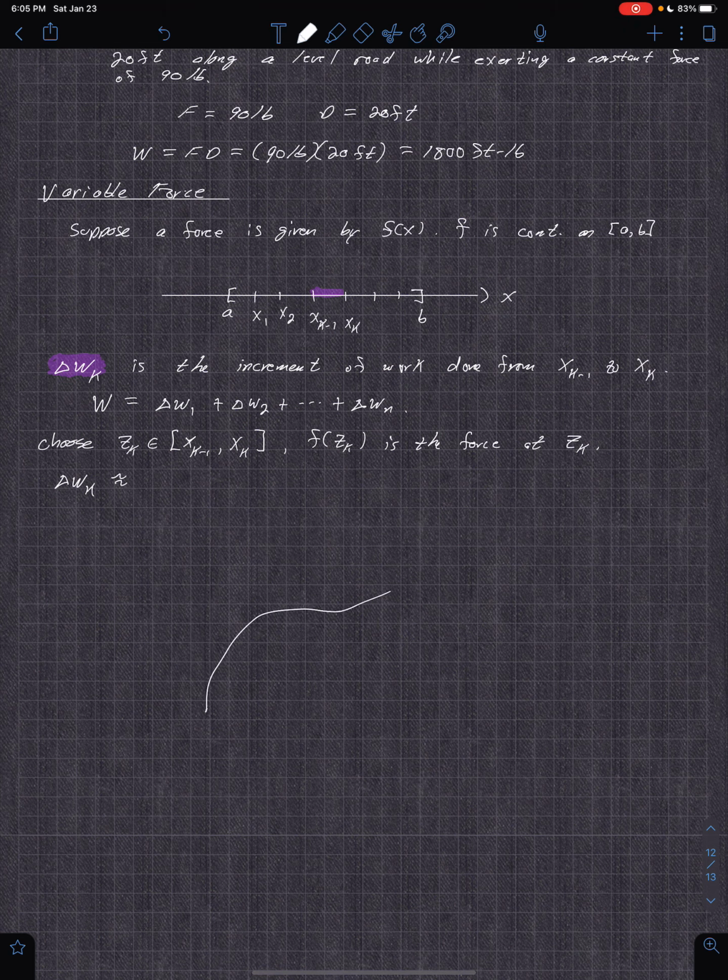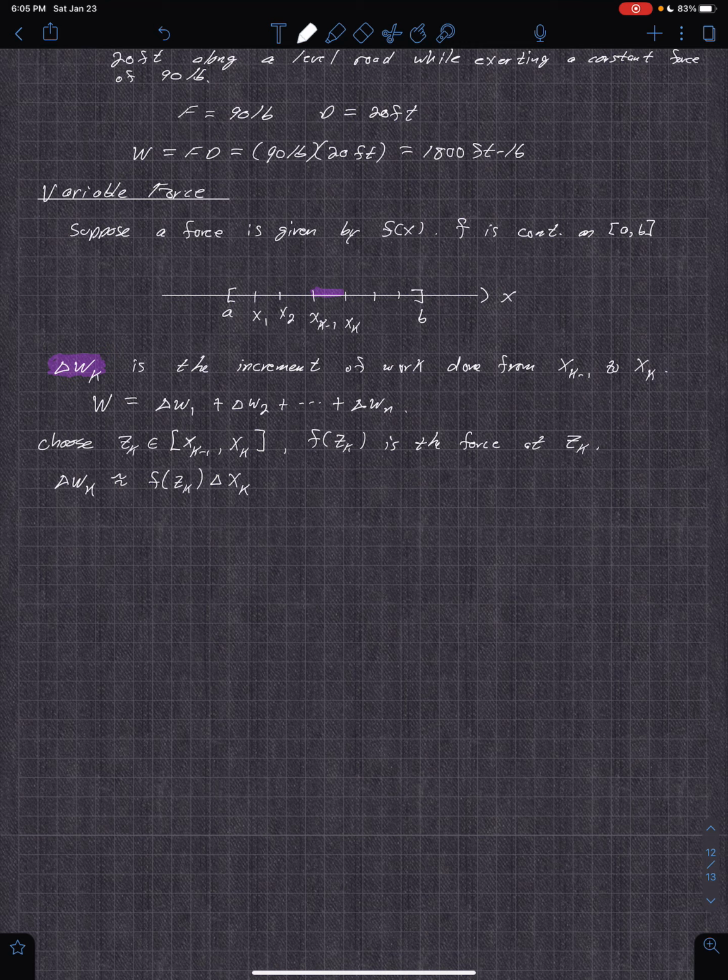It's not going to change a lot in that little piece right there. So delta W sub k is just the product f of z sub k times delta x sub k.